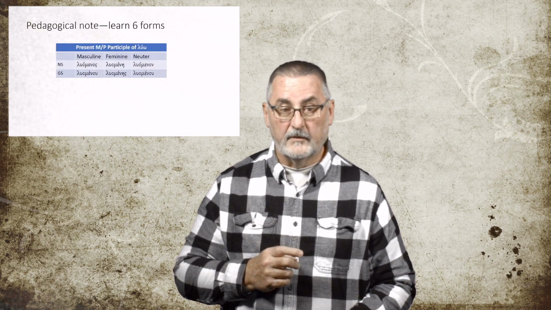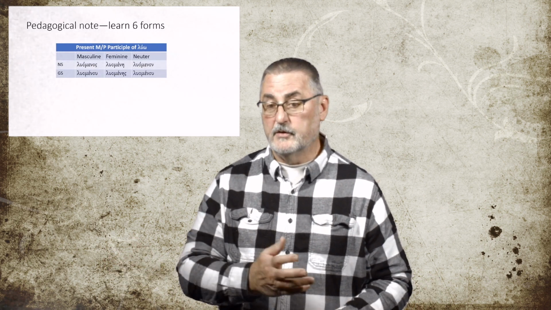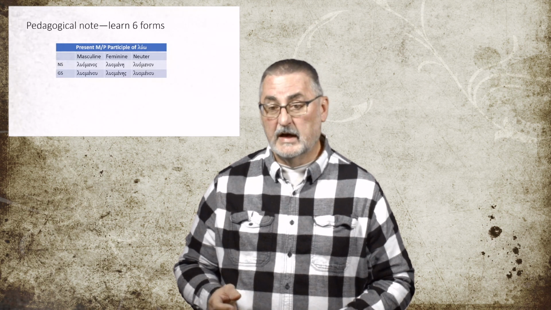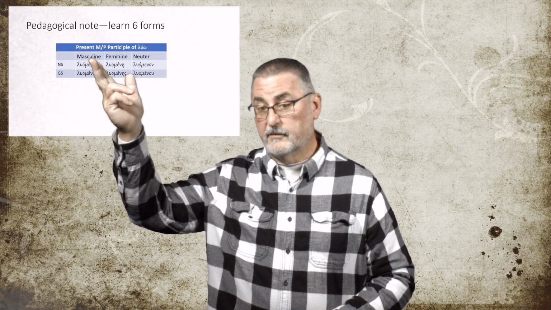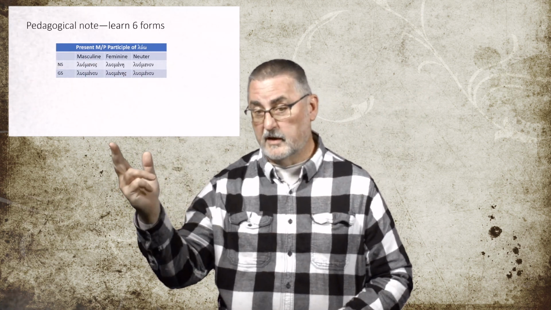And so in the same way, I talked about the 6 forms for the present active. You can do the same thing with the middle passive. And so I would rehearse these 6 forms in my head. Nominative, reading across, then coming back to the genitive line and reading across.